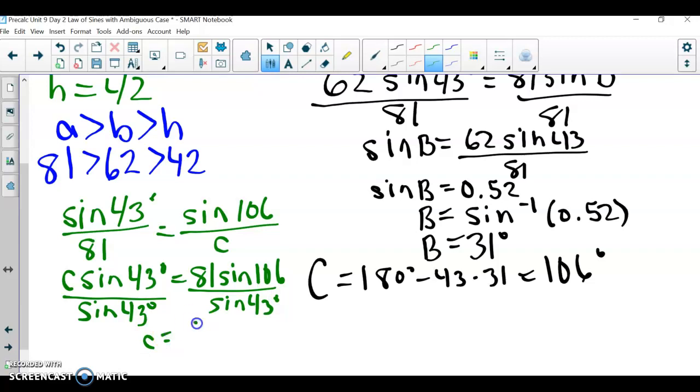So little c is 81 sine of 106, all divided by sine of 43.